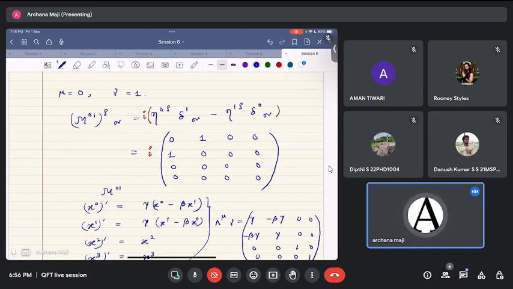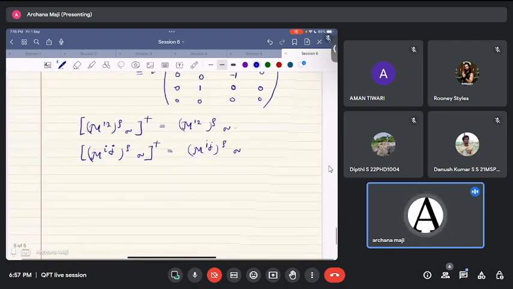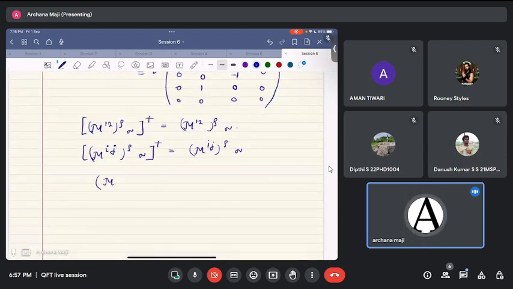So M01 rho sigma whole dagger is equal to minus of M01 rho sigma. And that is true in general. By that I mean M0i rho sigma dagger is equal to minus of M0i rho sigma. Okay, so this was an aside, which will be useful to us later.